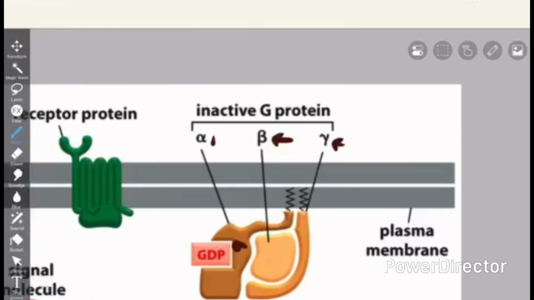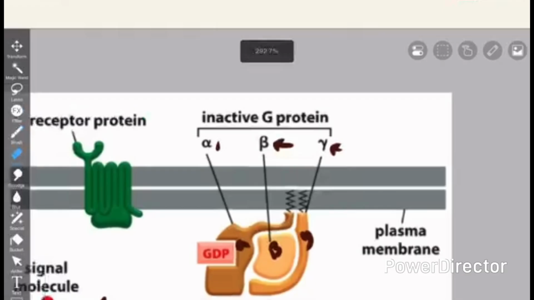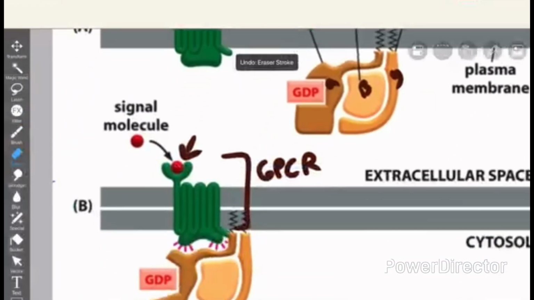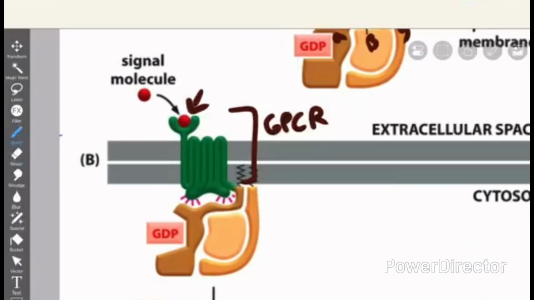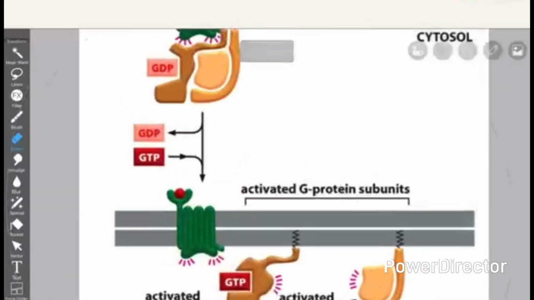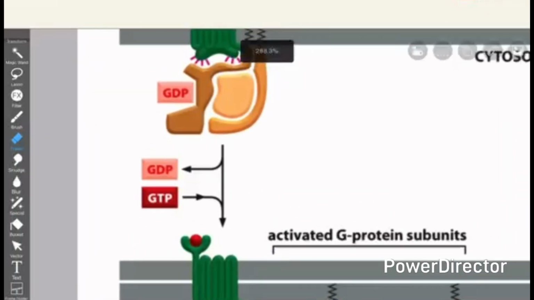But for our purposes, the alpha subunit does all the heavy lifting. After a GPCR binds to a G protein, the G protein becomes active, and GDP gets swapped out for GTP. If you don't have GTP bound to the alpha subunit, your G protein will stay inactive.